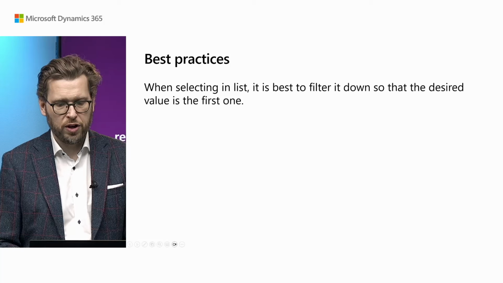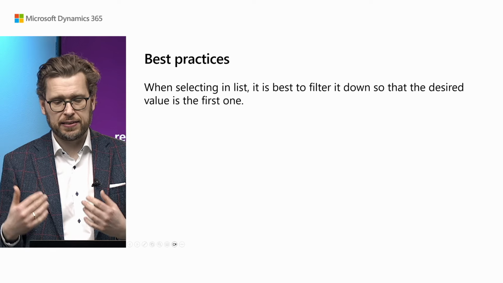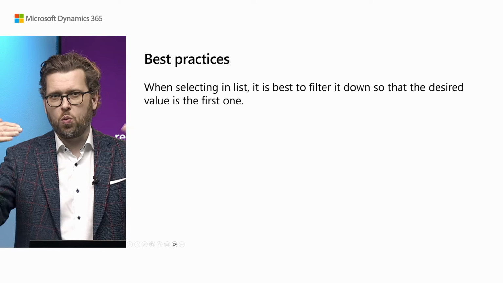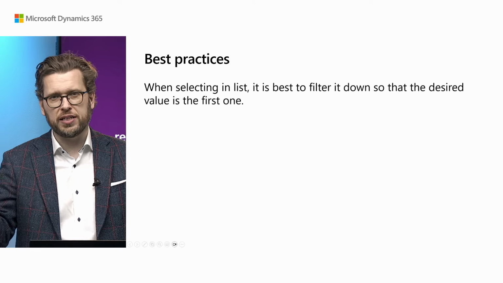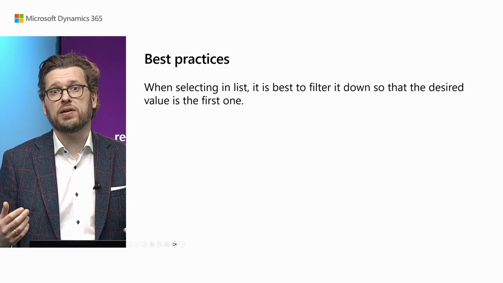Okay, let's round off with a little bit of best practices and known things. First off, I showed a couple of scenarios where we select in the list, and you probably saw that we don't track the actual instance that we are selecting, like invoice number 47 or something like that.